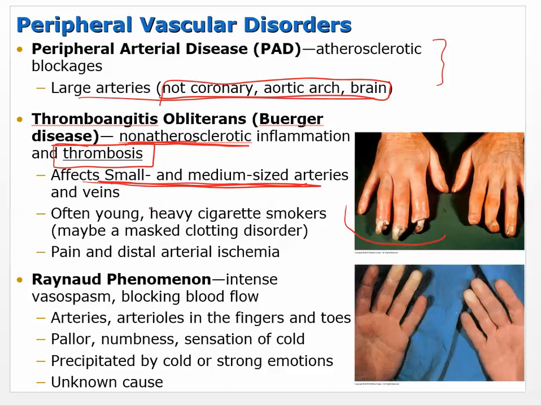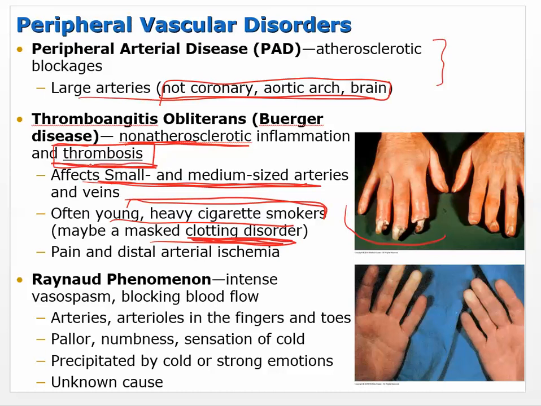Okay. It's seen in young, heavy cigarette smokers, maybe some kind of other clotting disorder. We're not sure really what causes it, but we know what it's correlated with. So it's correlated with young, heavy cigarette smokers, and thrombosis is usually involved.